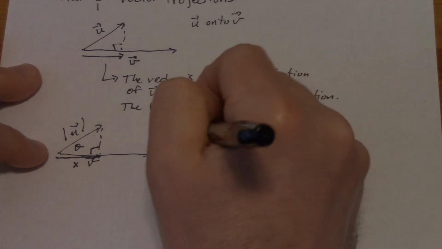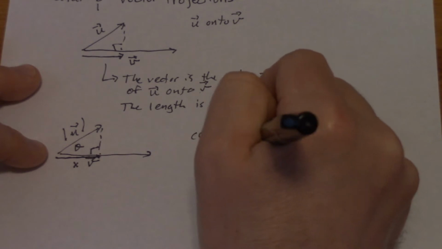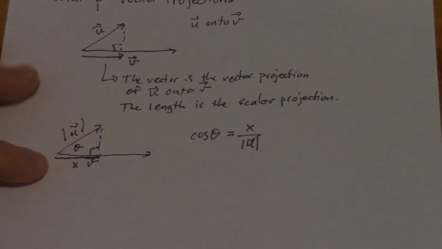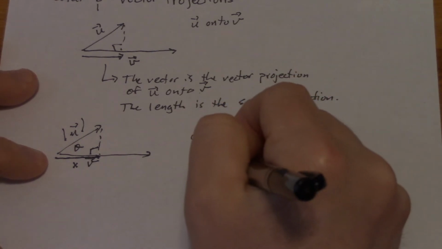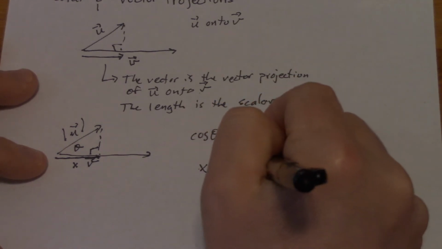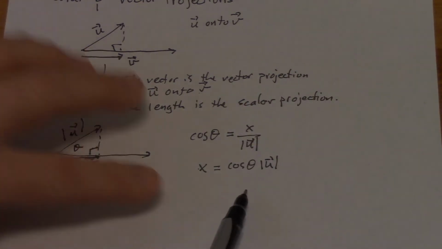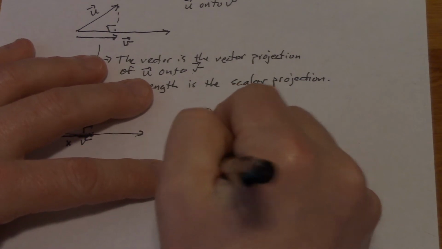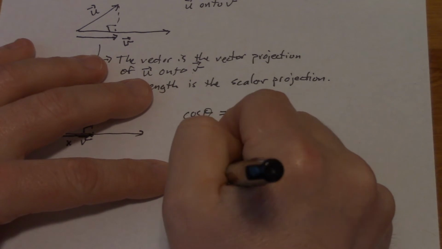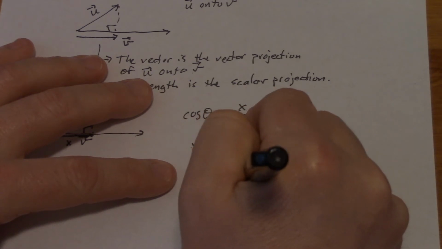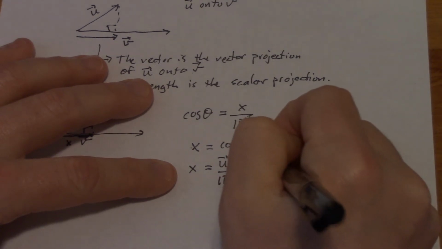Okay, so cosine of theta equals x over the magnitude of u, where x is that distance that I'm trying to find. So let me just flip this around. x is going to be cosine of theta times the magnitude of u. And using our cosine formula we developed the other day, we can say that this is u dot v over magnitude of u times magnitude of v, and then times another magnitude of u.